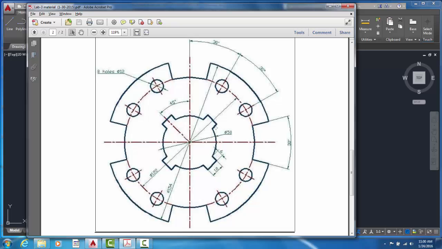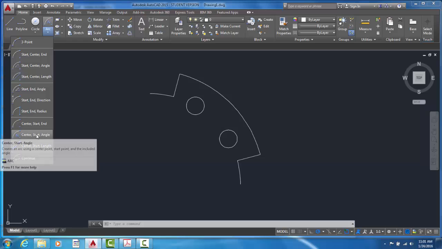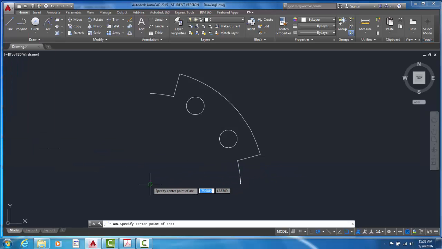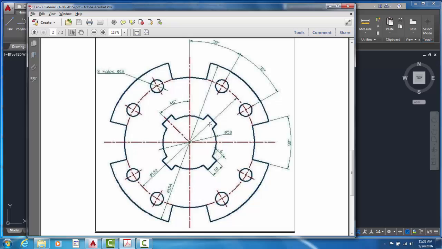Now I'm going to create the inner cog. We need another arc, this time of radius 25. Next, I'm going to create lines to create this little cutout.